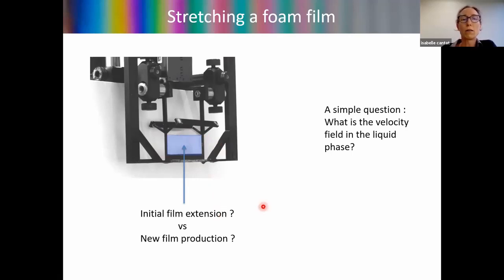And an even more simple question: when you stretch the film, are you actually stretching the film you initially had, or are you producing a new film that would be extracted from the meniscus all around, that contains a lot of foaming solution and can play the role of the reservoir?